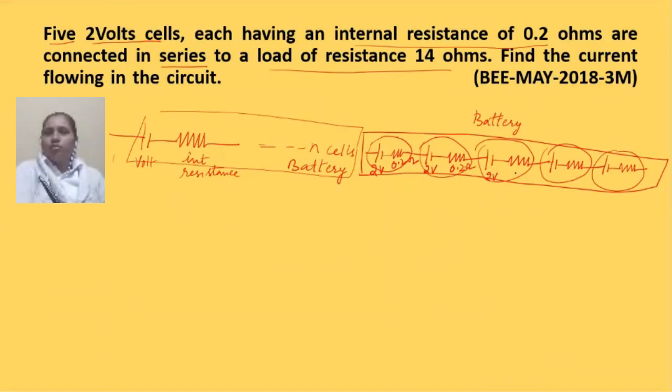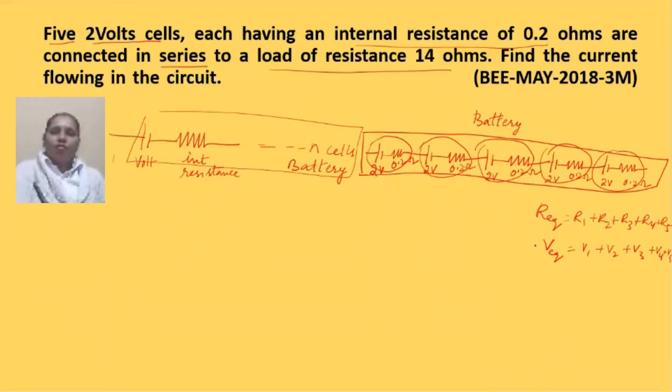As they are connected in series, for calculating series resistance we use the formula R1 plus R2 plus R3 plus R4 plus R5. Similarly, the equivalent voltage V is V1 plus V2 plus V3 plus V4 plus V5.